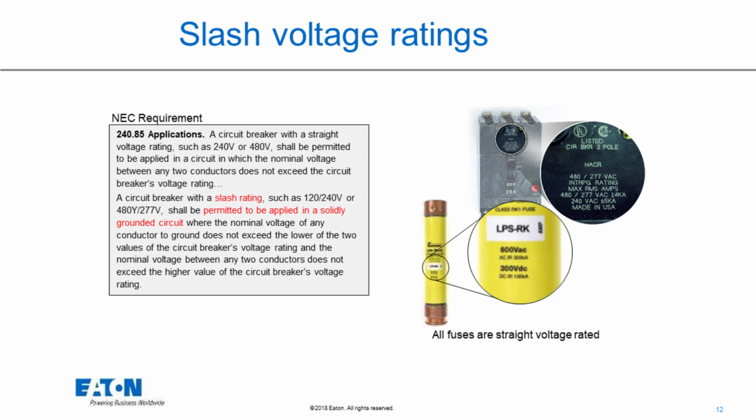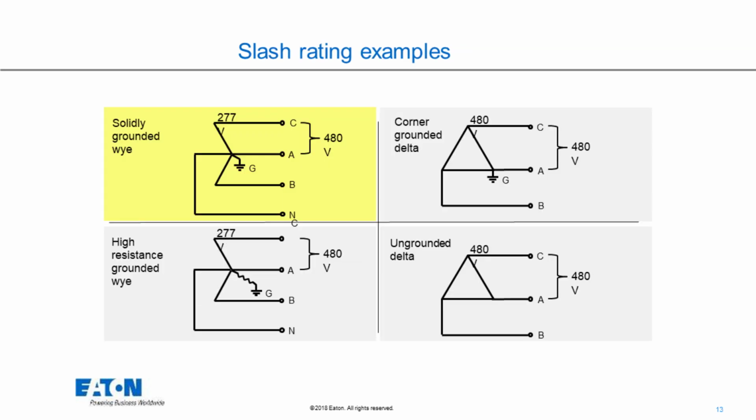So looking at this window here, NEC 240.85, halfway down it says a circuit breaker with a slash rating such as 120/240 or 480/277 shall be permitted to be applied in a solidly grounded system where the nominal voltage of any conductor to ground does not exceed the lower of the two values of the circuit breaker's voltage rating, and the nominal voltage between any two conductors, line to line, does not exceed the higher value of the breaker's rating. So here's some examples here.